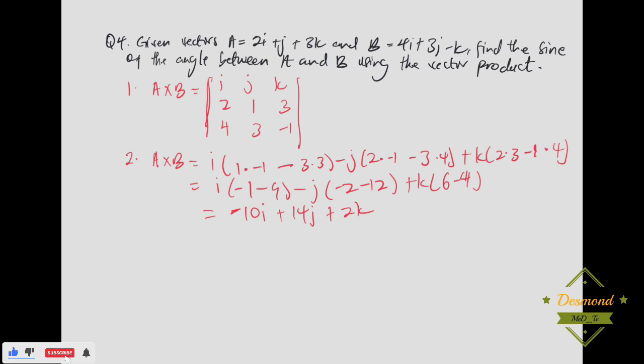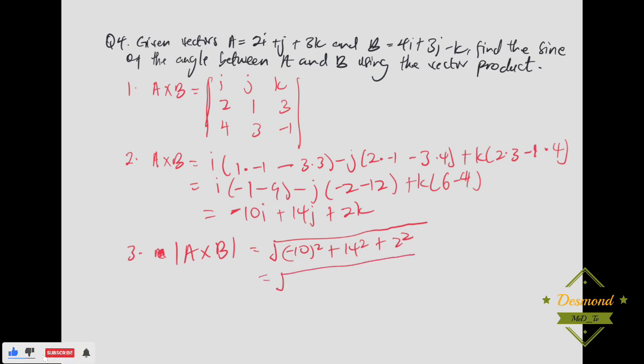Now when we are done calculating our determinant, we move ahead to the third step, calculate the magnitude of A times B. So we have the root of negative 10 squared plus 14 squared plus 2 squared.